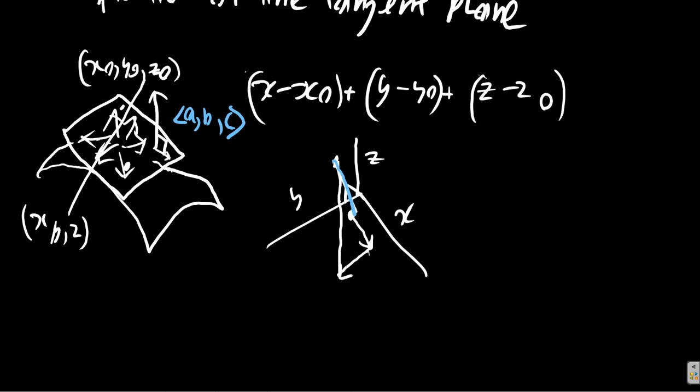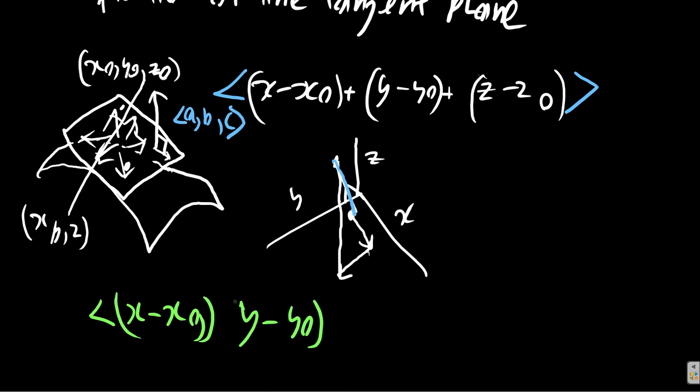Now remember, this is a vector. I didn't write the vector notation here. So in this case, the dot product would be x minus x0, y minus y0, z minus z0. It would be like saying x minus x0 times i, y minus y0 times j, z minus z0 times k, where i, j, and k would be the directions x, y, and z, alright?